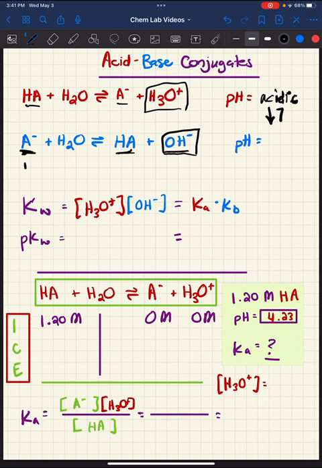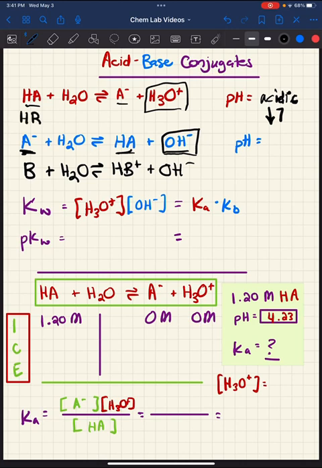Another way that we're familiar with writing this type of reaction is if you write B for your weak base and your water, and then you have HB with a plus sign and hydroxide. It's really the same thing, and we can write out the conjugate acid dissociation reaction very similarly.